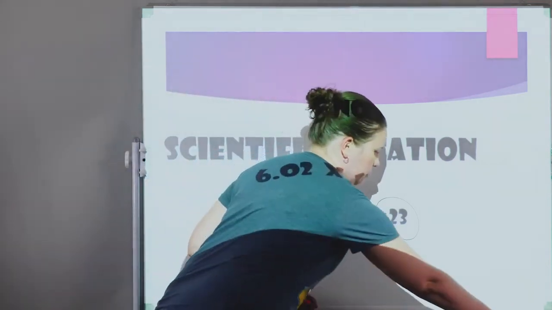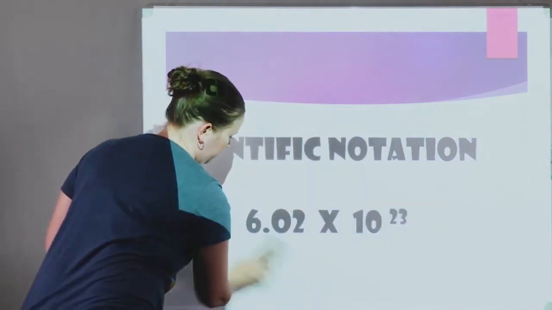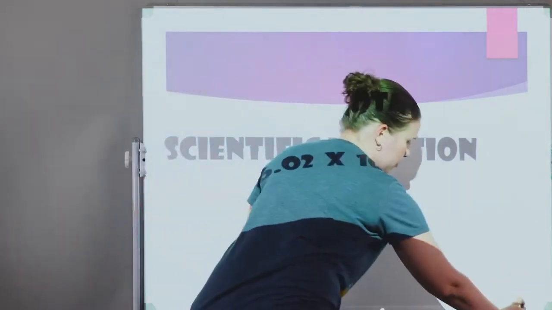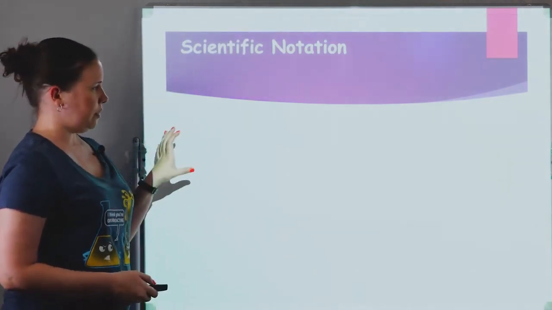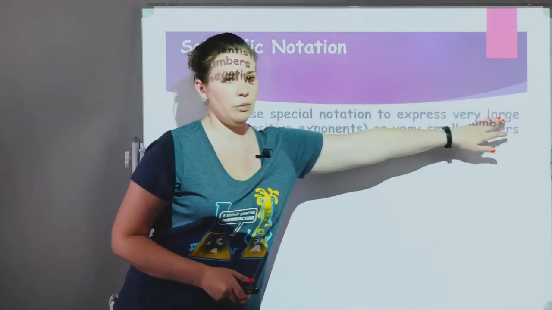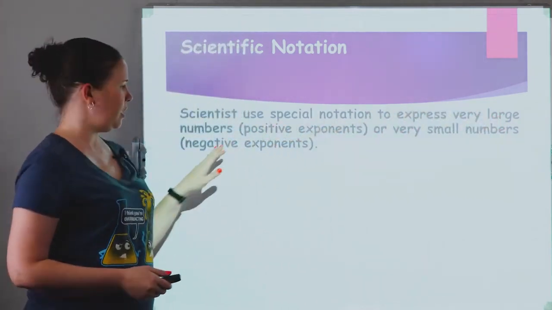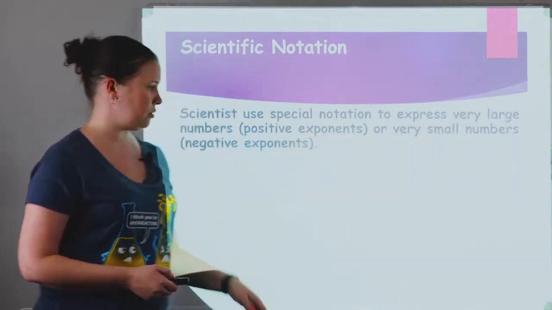So we've got to figure out whether it has a positive or negative exponent, and then adjust our number to show that it's a big number or small number based on positive or negative exponents. So this is going to be a better way to express big numbers or small numbers, where the large numbers have the positive exponents, and the negative exponents are for the small numbers or the decimal numbers.